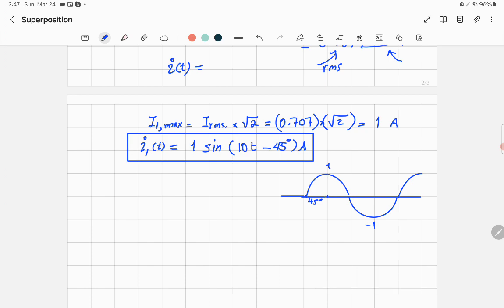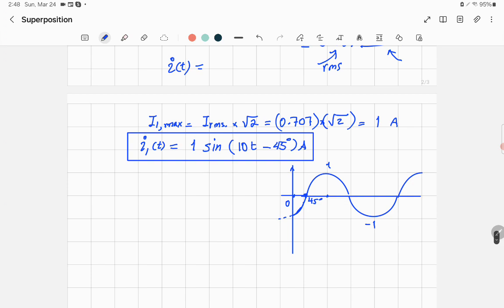If this is 90, then 45 would be like half. So let's say that the axis will be starting from here. That's the 0, and this is the 45. So this represents 1 sine 10t minus 45. You start from the starting of sine 45. That's how you sketch it.